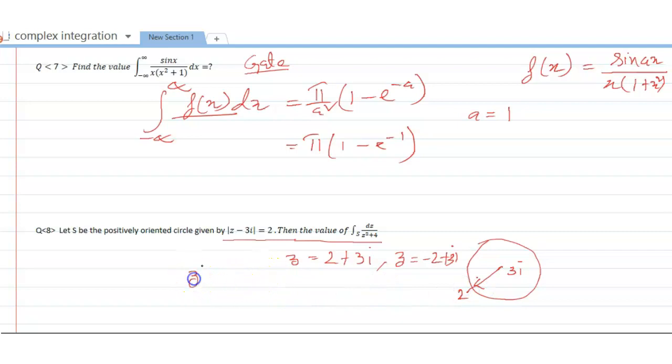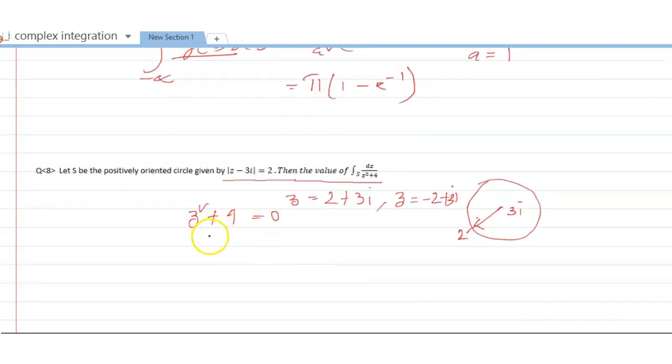Now z square plus 4 equals 0, so z equals plus or minus 2i. So friends, you get that plus or minus 2i, inside the circle is plus 2i.